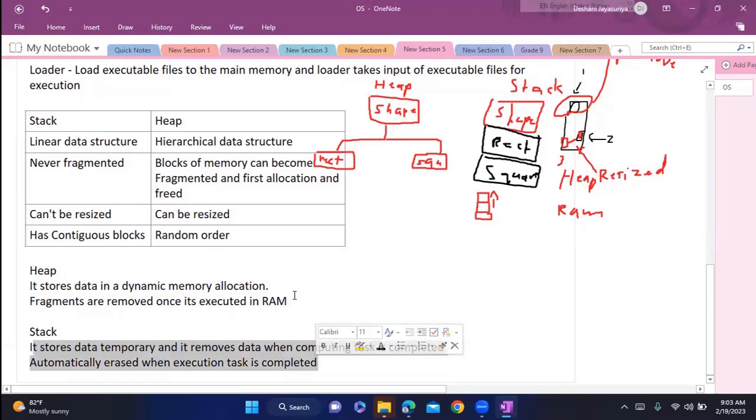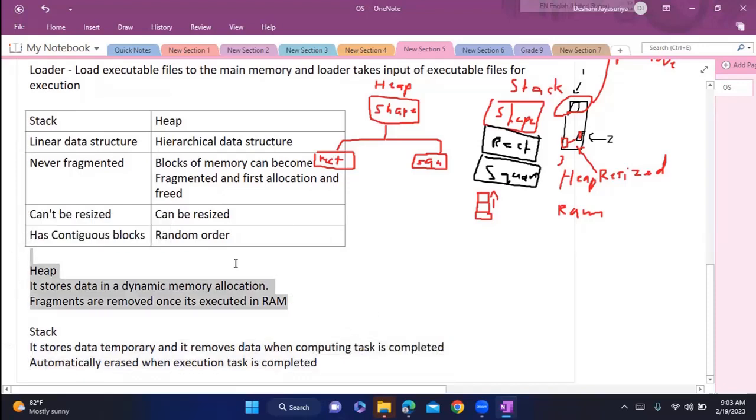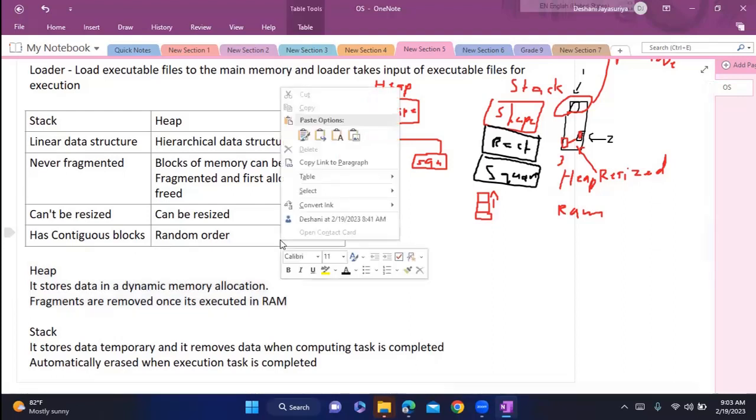So this heap thing is more into dynamic memory allocation, and this is a static thing because it's temporarily storing data. And in heap, you will be removing fragmented ones. So this is faster, right? When it comes to doing tasks, heap does things very fast, and stack does things slowly, because you are removing unwanted parts.